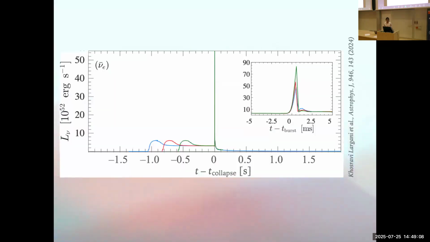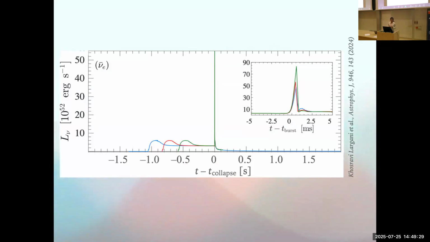Okay, so now what can we learn from these scenarios regarding the observations? As I mentioned, I varied different progenitor masses and different equations of state. In this case, you can see for one of the progenitors three different equations of state that have different parametrizations.